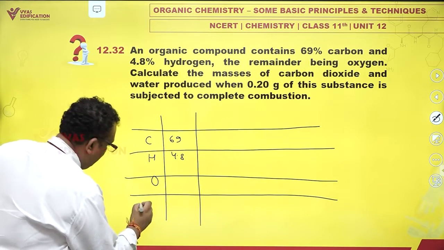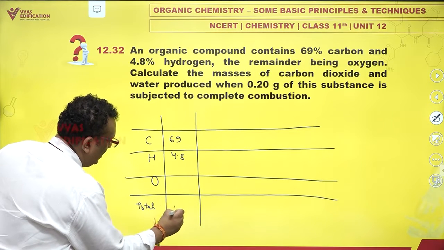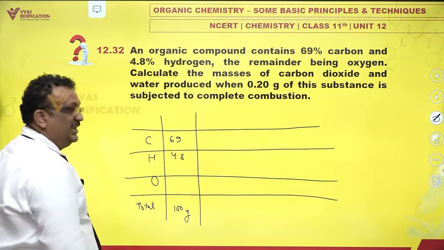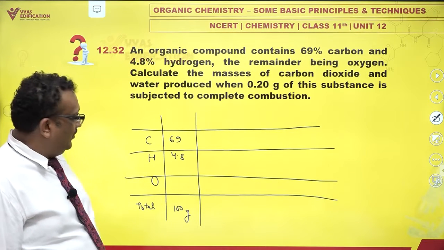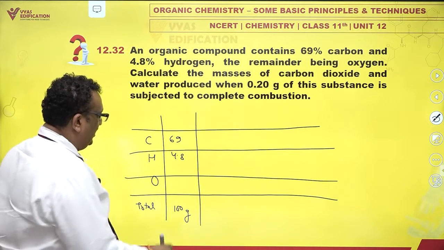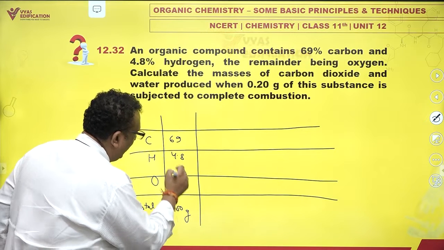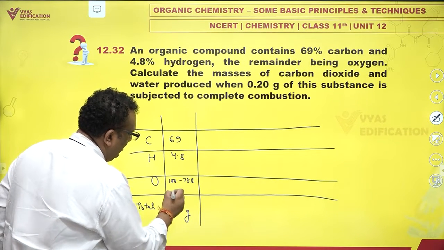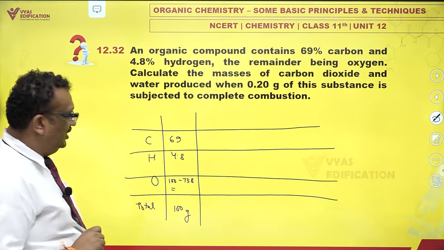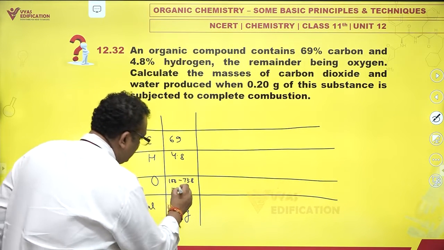So total is 100 grams. Let us assume we have 100 grams of organic compound, this much is carbon and hydrogen. How much is oxygen? That would be 100 minus 73.8. How much is that? Well, 26.2 grams.